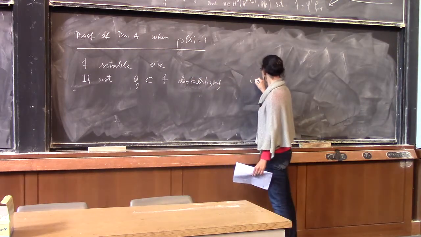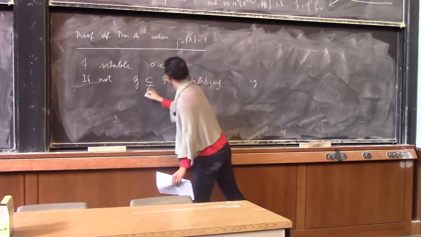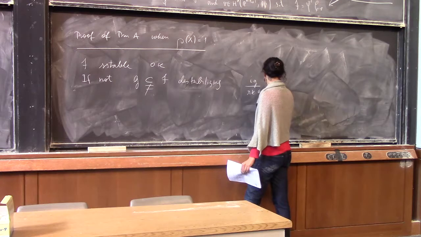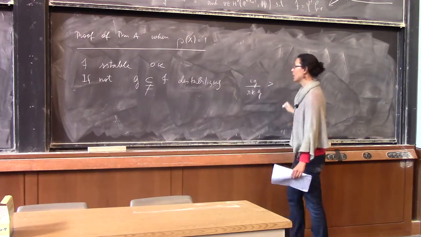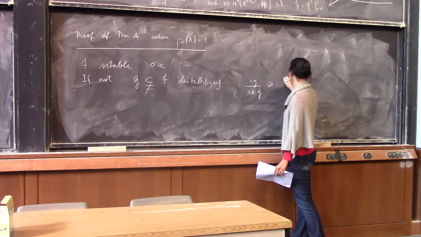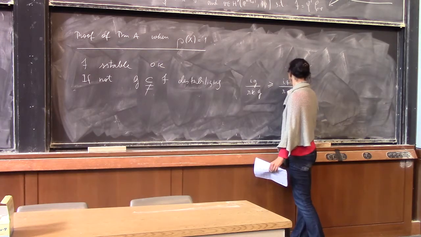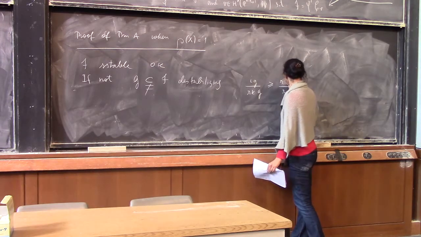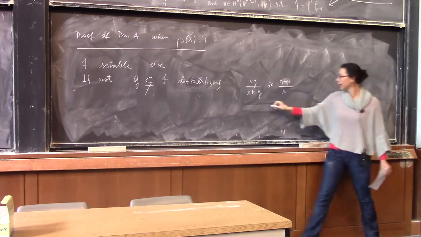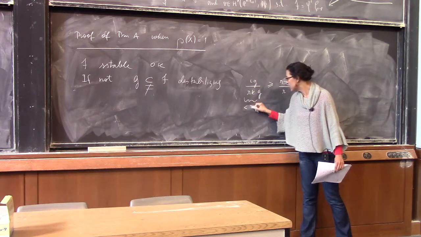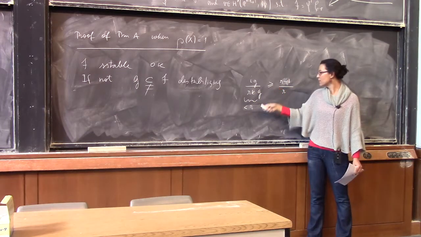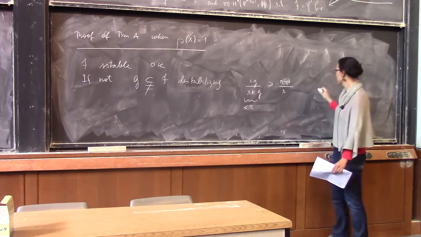We have that the index of G, so this is a proper subsheaf, over the rank of G is greater or equal than the index of F over the rank of F. But this is, by assumption, R minus 1 over R. And this has to be less than R. So we get that the index of G must be at least equal to the rank.